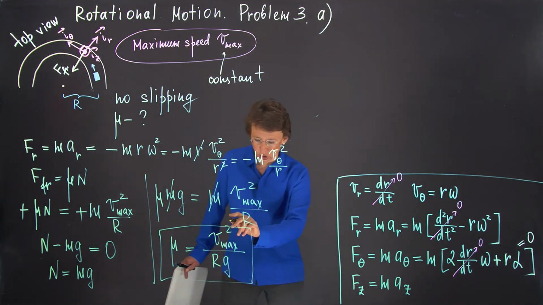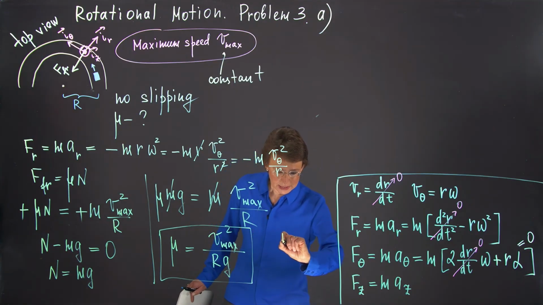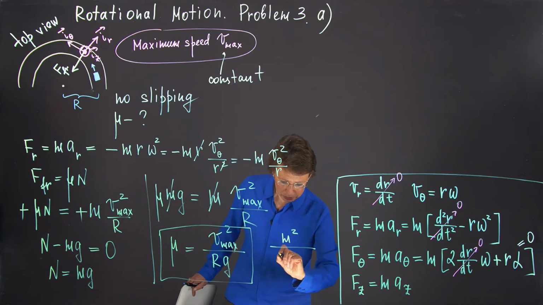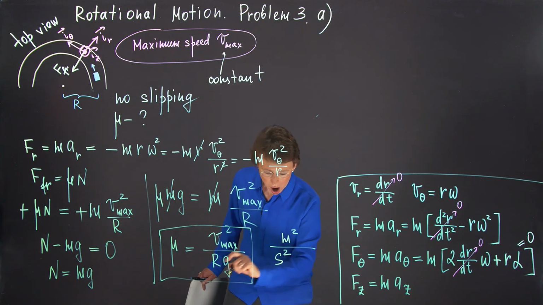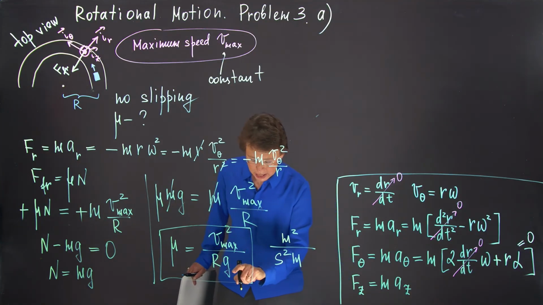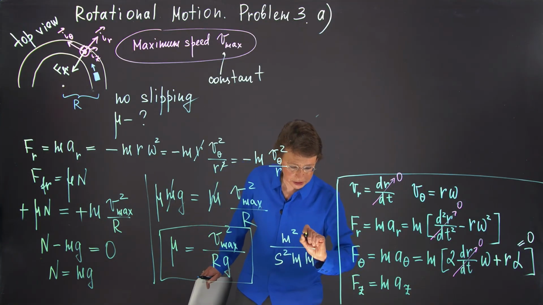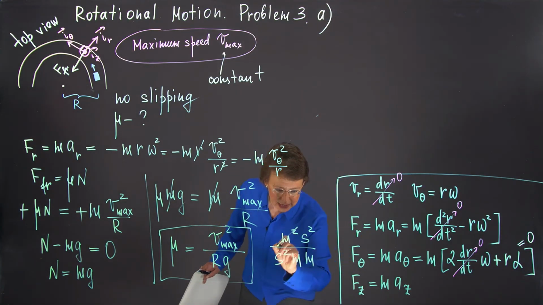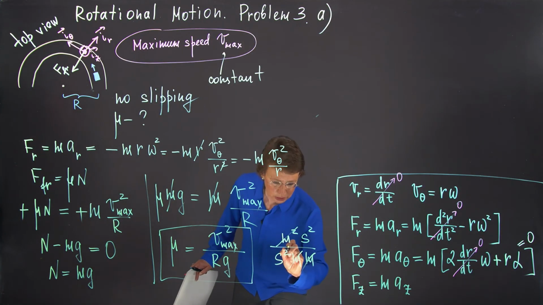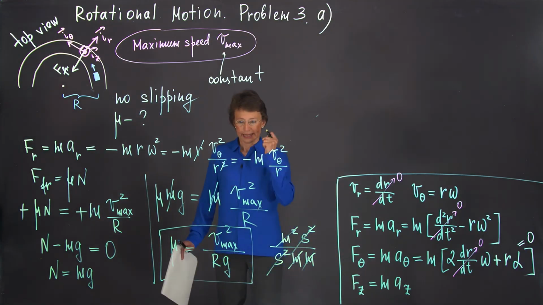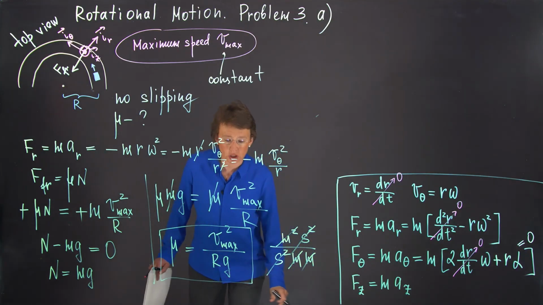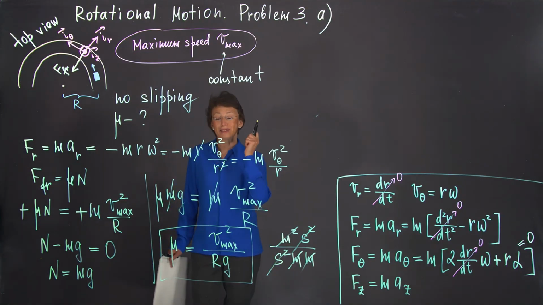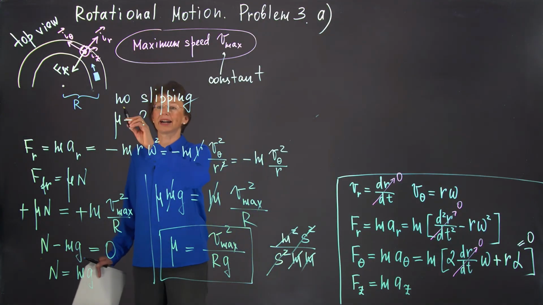What is the dimension for velocity? It is meters per second, squared. R is in meters, and g is in meters per second squared. Are we doing well? Meters squared over seconds squared, divided by meters times meters per second squared. Yes. So in terms of dimensions, we solved it correctly. This is mu. We found mu, the coefficient of friction between the car and the road.